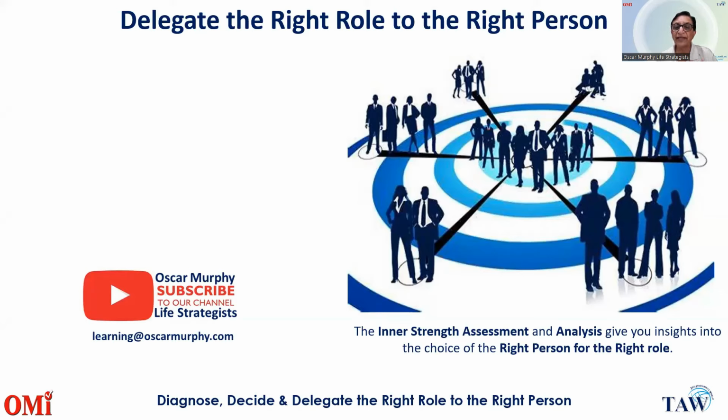See, the inner strength assessment and the inner strength analysis gives you insights into the choice of the right person for the right role. Because our job in delegation is to diagnose the right person for the right role, and then make a decision. You decide, and then delegate the right role to the right person.